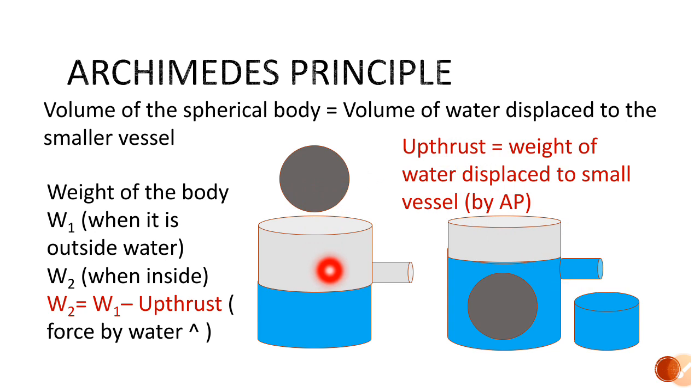So according to the Archimedes principle, the upthrust force acted by the water on the body is equal to the weight of the water that is displaced by the body when it enters.